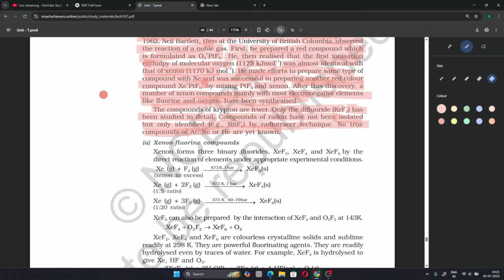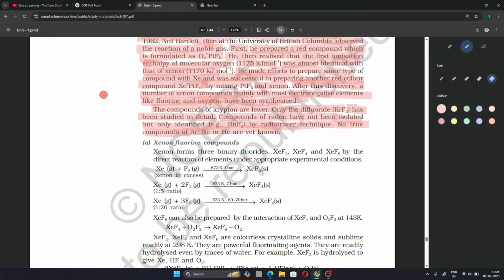Basically, they are saying that we have studied many compounds of xenon and there are very few compounds of krypton, and we only studied in detail krypton difluoride. As for compounds of radon, they have been traced.